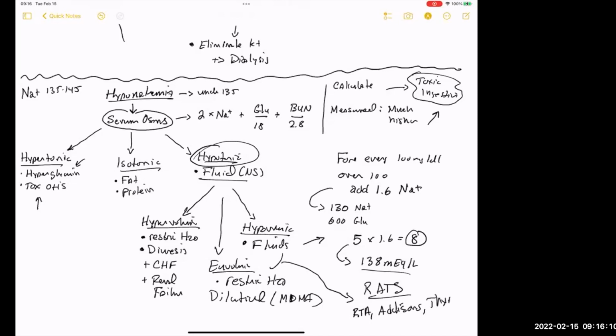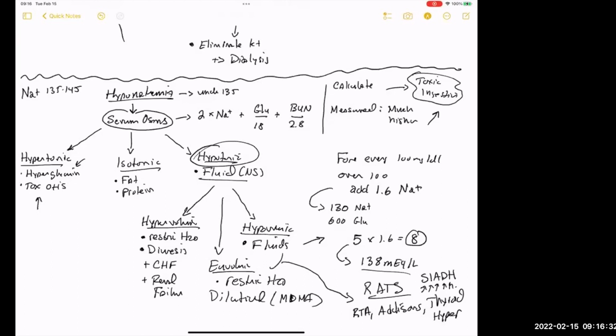Think of thyroid disorders, specifically hyperthyroidism or Graves' disease, and then a condition called SIADH, which is kind of the classic condition that we see causing this, and that stands for Syndrome of Inappropriate Antidiuretic Hormone.